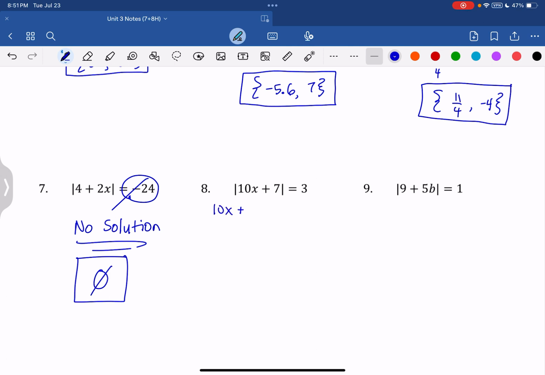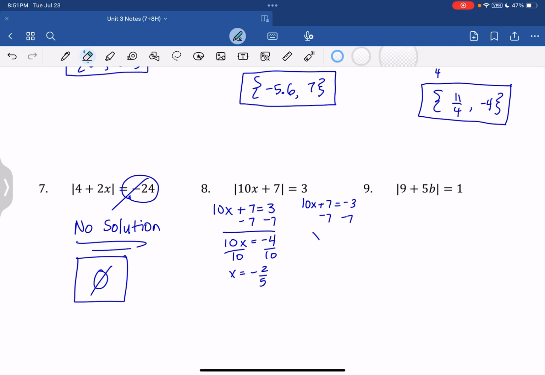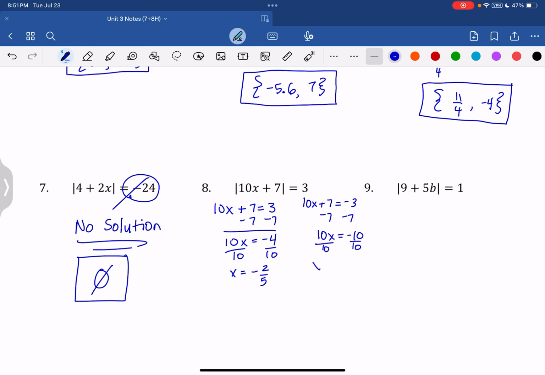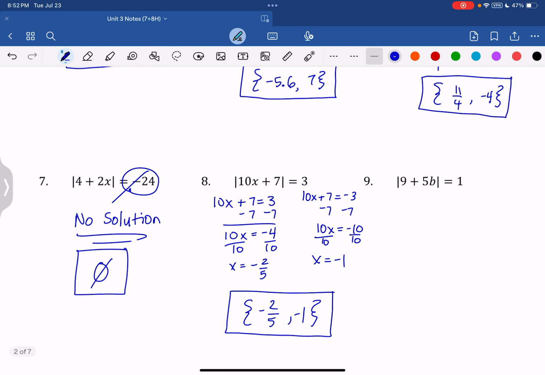But I think I'm just going to do 2 more of these. And this one meets our criteria.